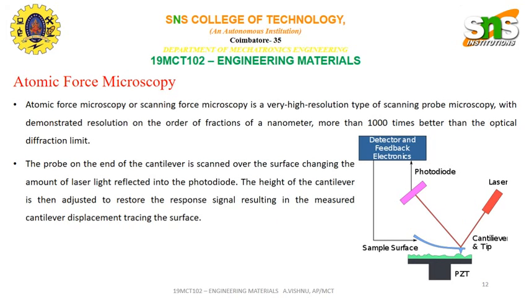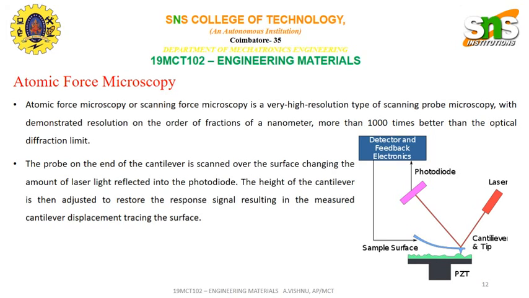Atomic force microscopy. Atomic force microscopy, or scanning force microscopy, is a very high resolution type of scanning probe microscopy with demonstrated resolution on the order of fractions of a nanometer, more than 1000 times better than the optical diffraction limit. A schematic representation of an atomic force microscope is shown on the right side of your slide.